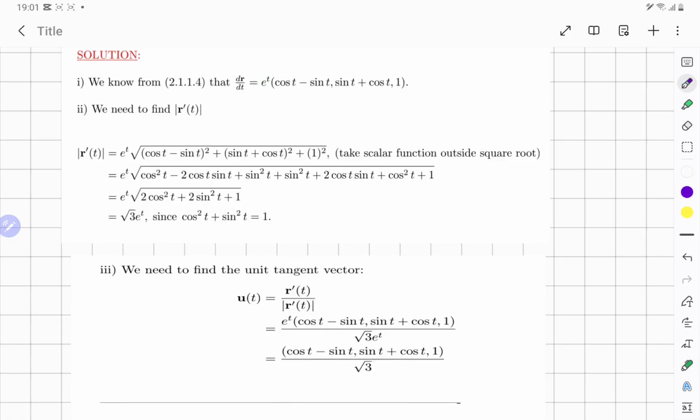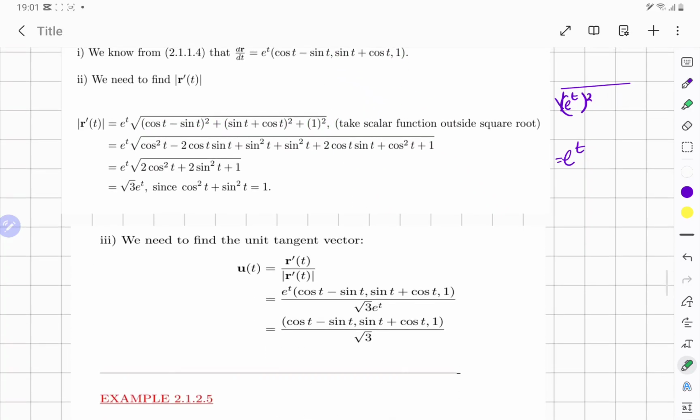Why can we leave it outside? Because when we do the magnitude, we square in any case, and the square root of e to the t squared will just be e to the t. Then I go with my first component squared, my second component squared, and then my third component squared. That's why I said you leave your scalar function on the outside of the square root.